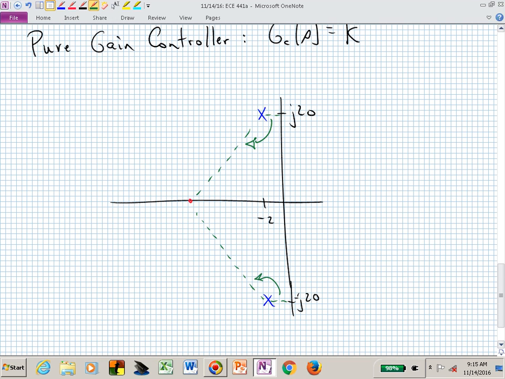And if I looked at any point on that real line, none of those are going to have an angle of minus 180 degrees. I do not have any part of the real axis on this root locus. The root locus never is on the real line for this pure gain controlled system.